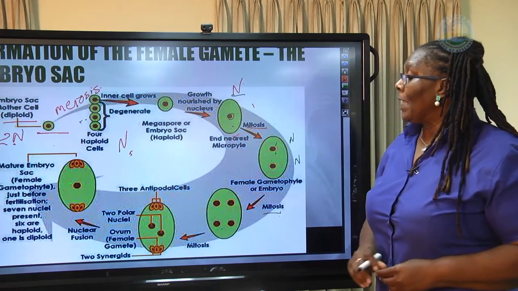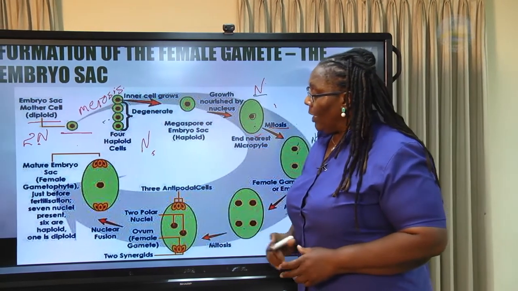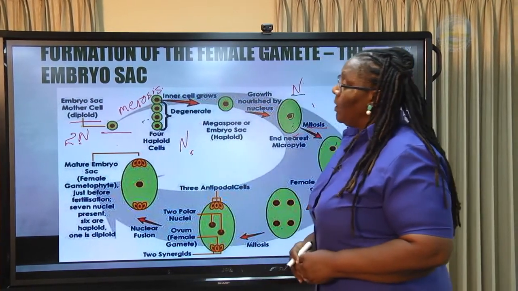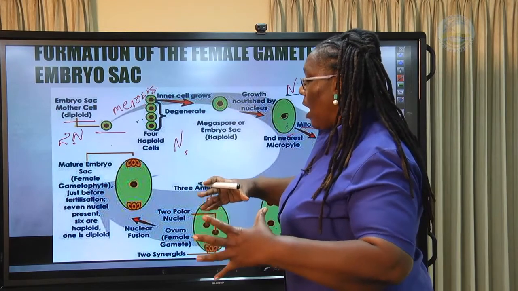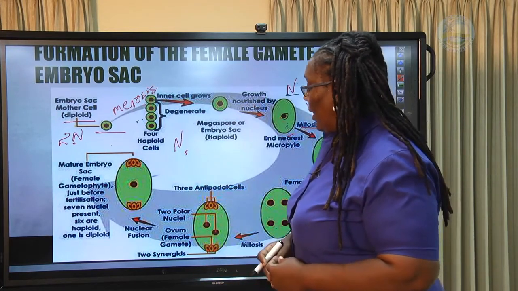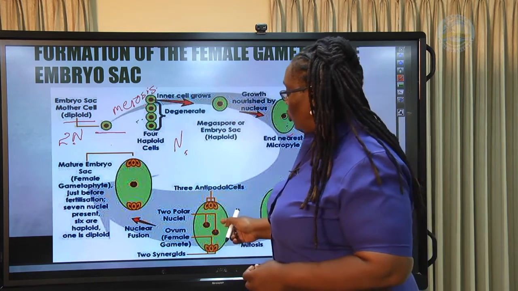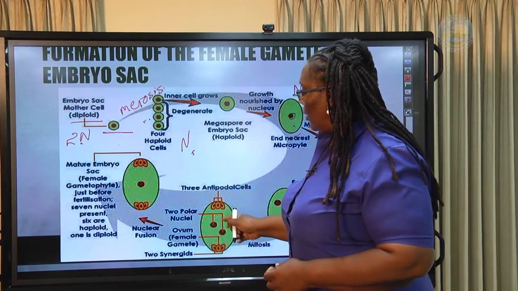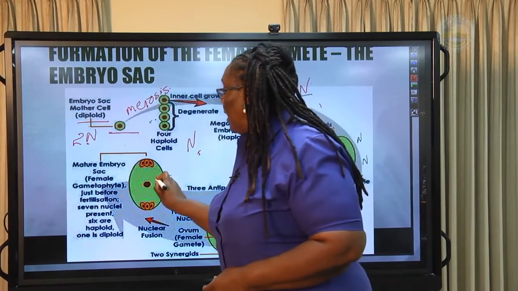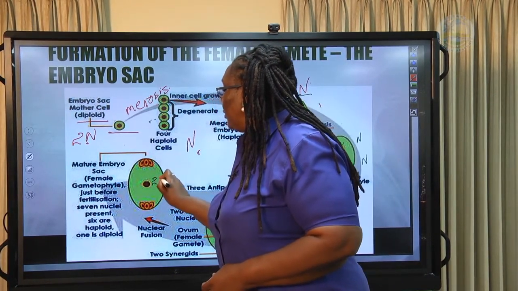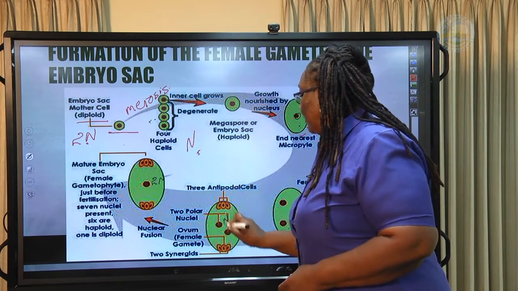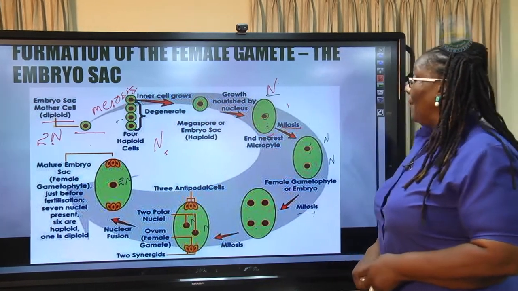Good? From 8 now, what happens is that inside of this structure, you have the arrangement of these 8 nuclei in such a way that you have 2 of them in the middle, and eventually they merge to become 1. So this here is 2n, because remember you would have had n and n. You all get that?